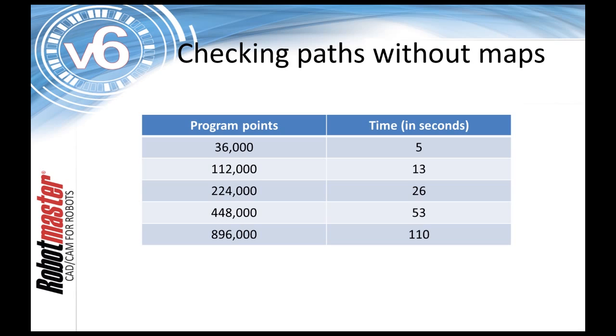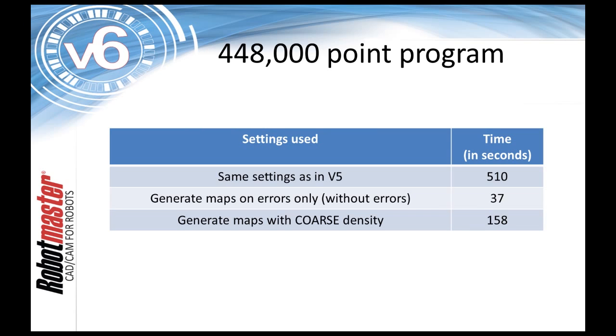Double that at 224,000 point files, that would take 26 seconds. For almost a 500,000 point file, 53 seconds, and 110 seconds for a 900,000 point file. Now, if there are no errors, this is a very quick way of checking to see if there is an issue. Now, if there are errors, there's things that can be done.